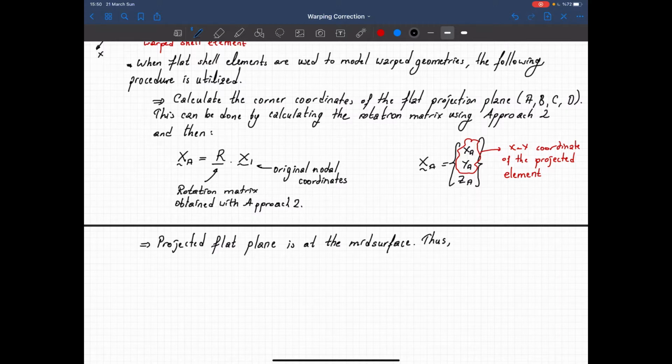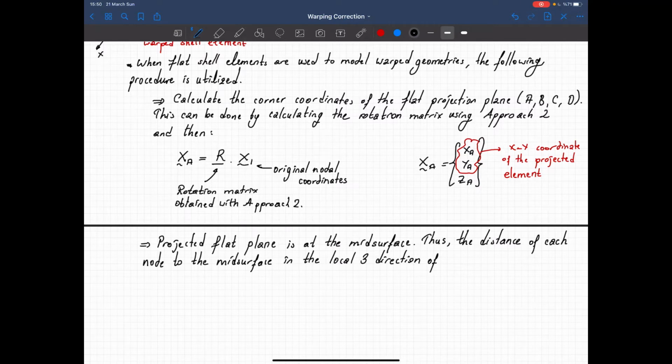Thus the distance of each node to the mid surface in the local 3 direction of the shell element is the same and equal to D.